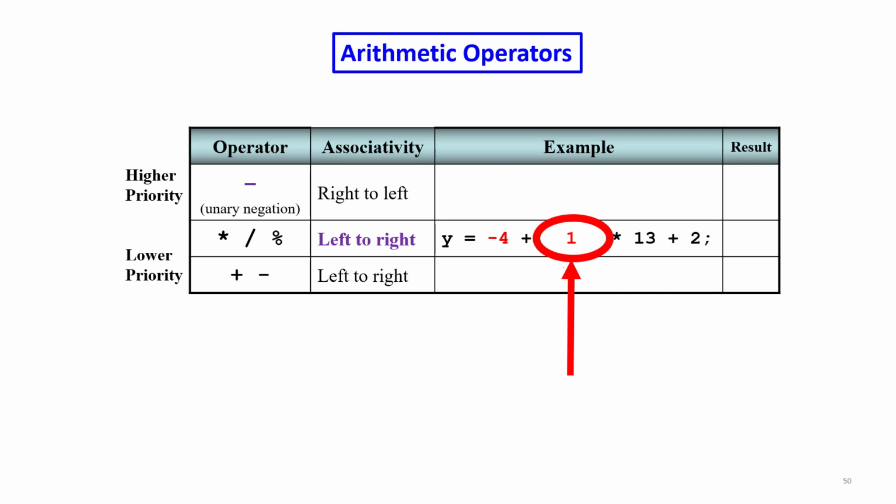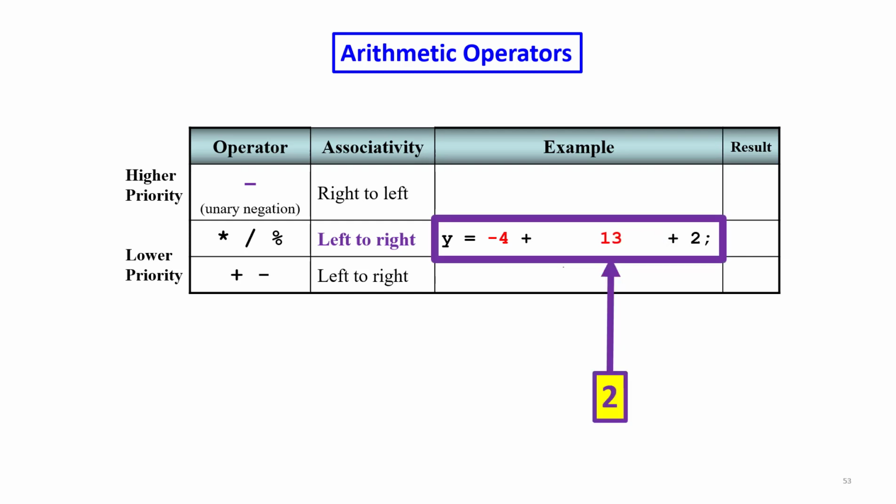Having calculated that, the compiler moves right and finds multiplication and evaluates. Then the second pass will continue moving right, but it will find no additional multiplication, division, or modulus operators. So now we move to the third pass.